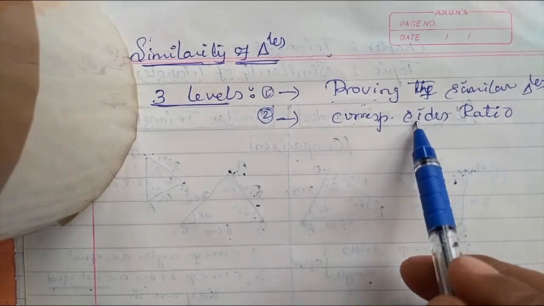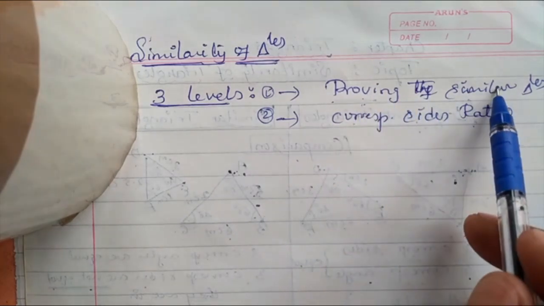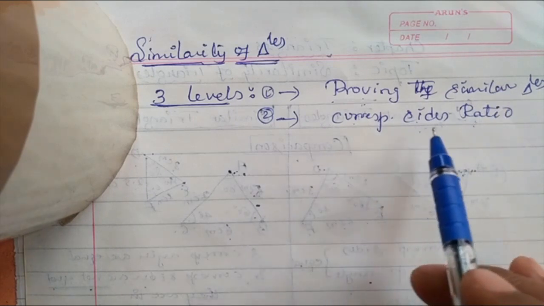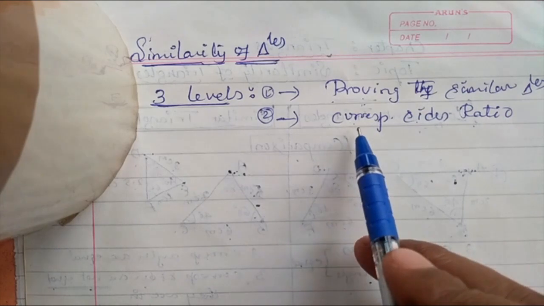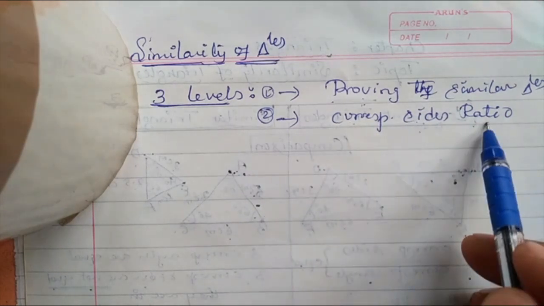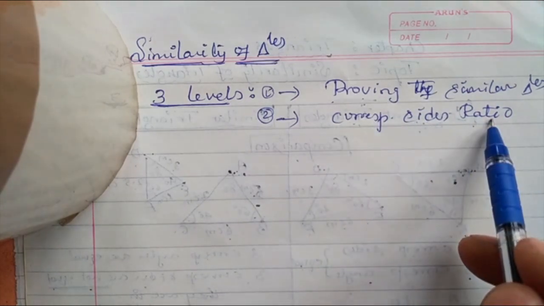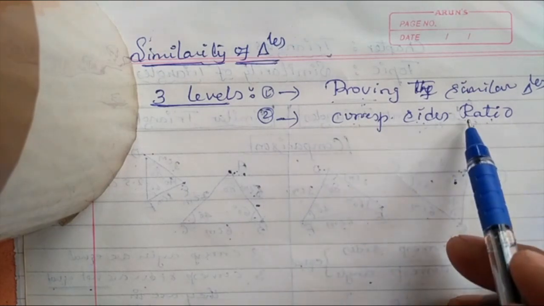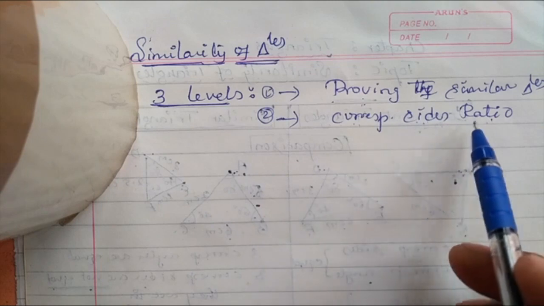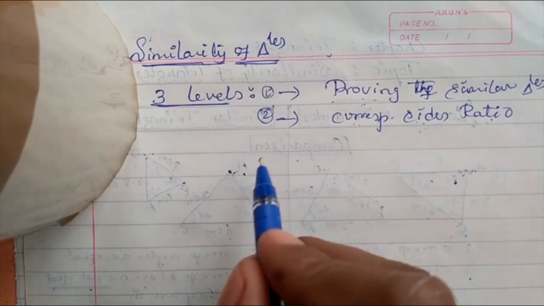CSR means corresponding sides ratio. There we write CPCT because sides are equal. But here sides are not equal, they are in ratio. So therefore, we are writing corresponding sides ratio.